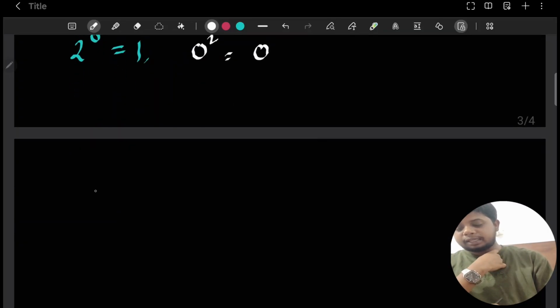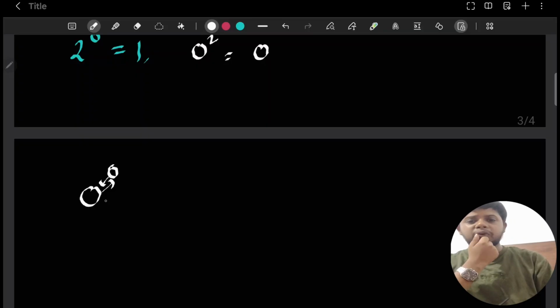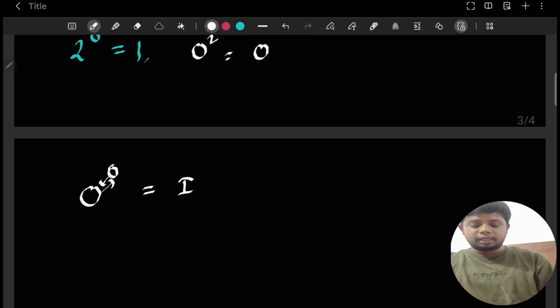Now if I ask tell me 0 power 0, so see this 0 will say to this 0 that I want to become 1, and this 0 will say to this 0 I want to become 0. One question, different answers. That means correct, you guessed it, indeterminate form.